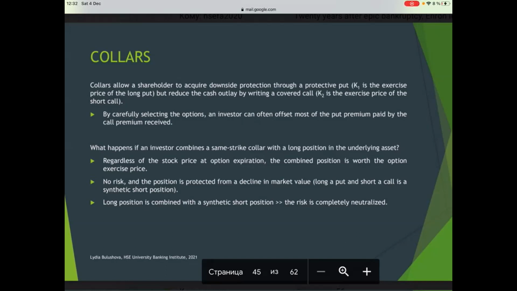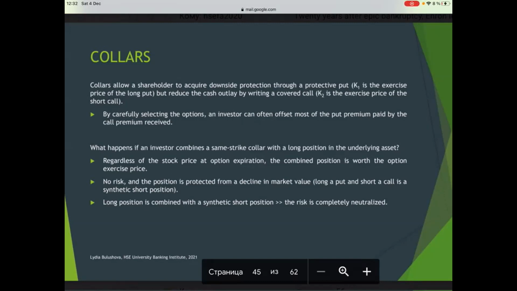That's right, regardless of the stock price. So there's no risk. The position protects me from a decline in market value. Because long put and short call is a synthetic short.